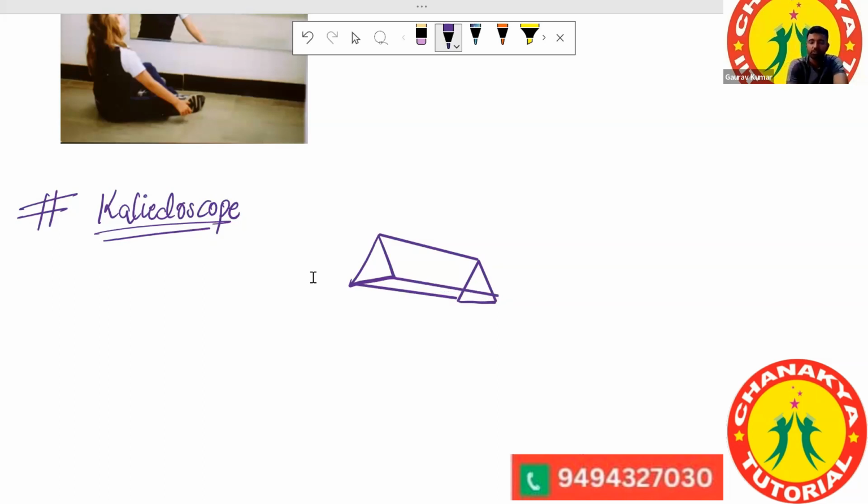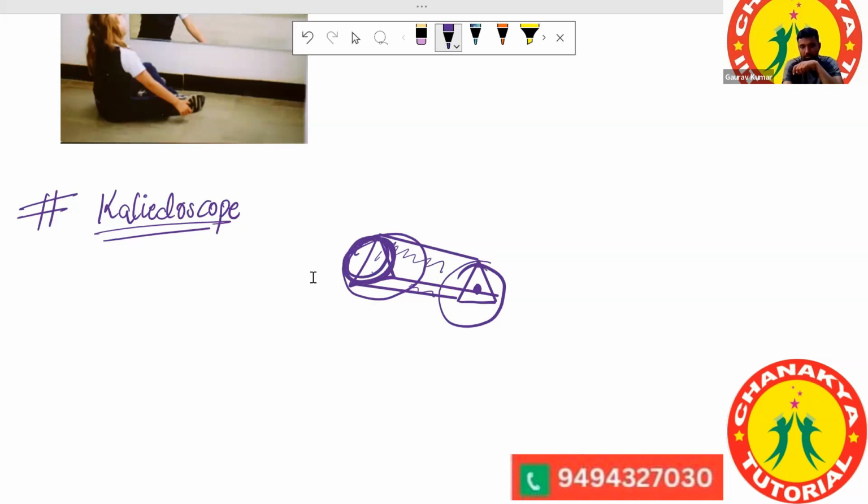If you attach three mirrors, which are shiny from inside, in the shape of a prism, and you put a cardboard outside this, then you put one hole in front and one mirror in the back.